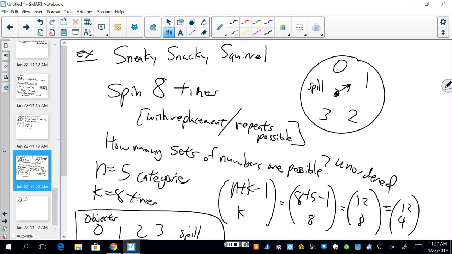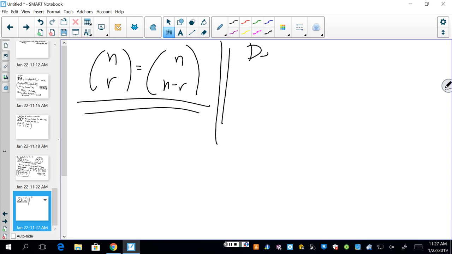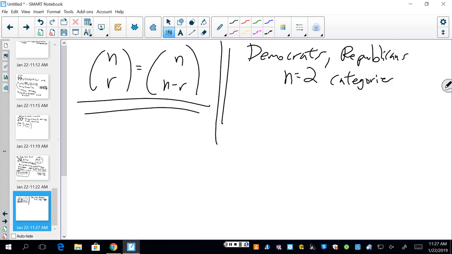So one more application of this is, let's say that you have Democrats and Republicans. So we have essentially two categories here, and we're going to pick people at random.